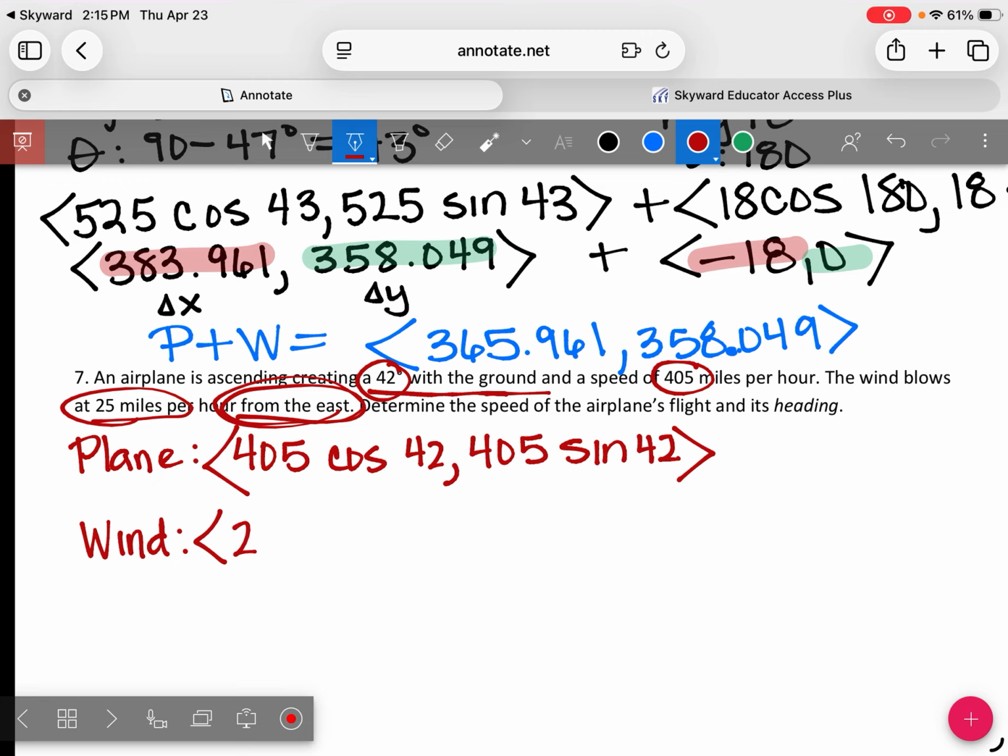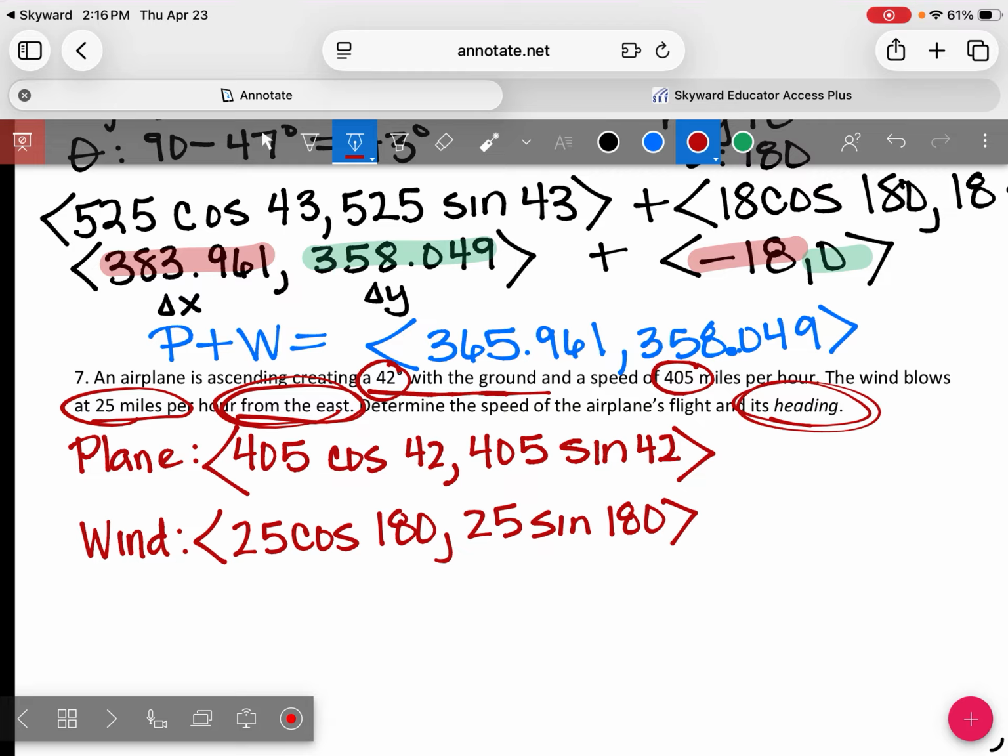So you got 25 cosine 180, 25 sine 180. They want you to find the speed of the plane and the wind, and it also asks for the heading. When you get your answers, raise your hand and I will check it. If you're watching this online, pause the recording because I'm getting ready to show the answer.